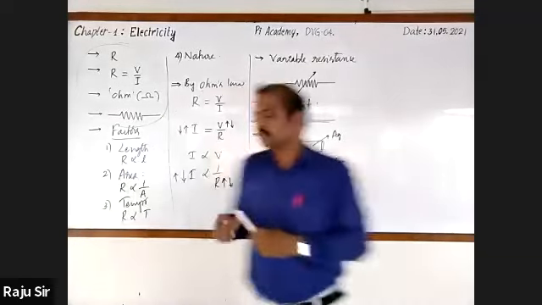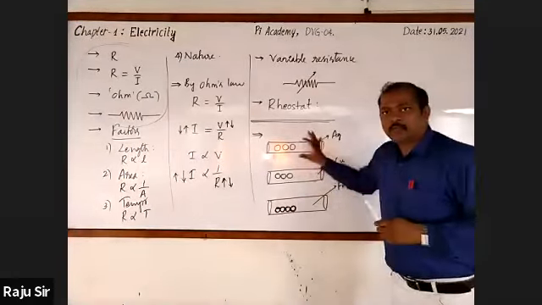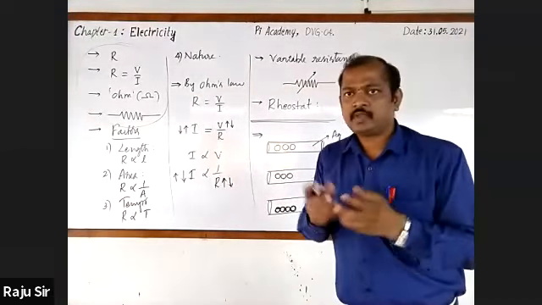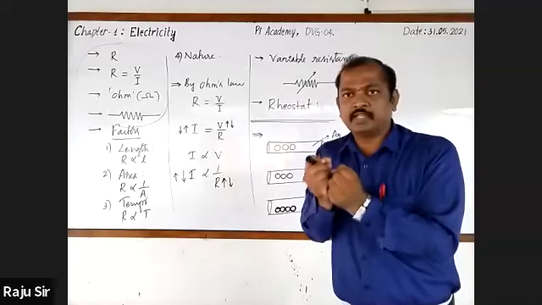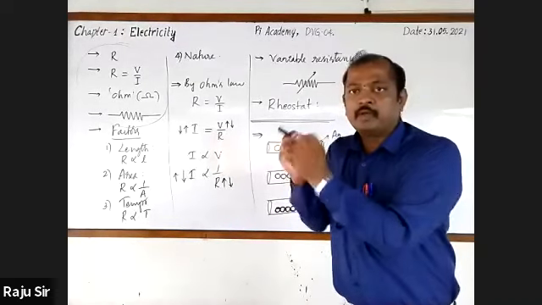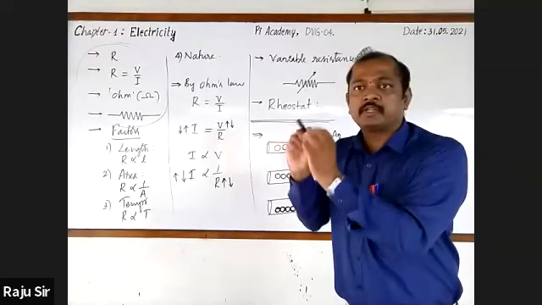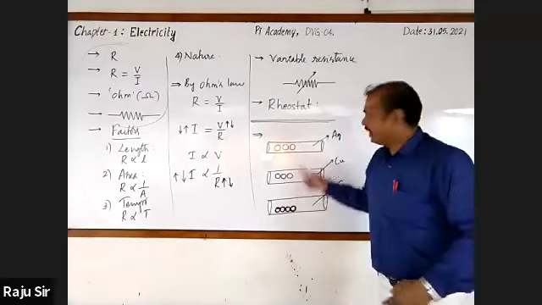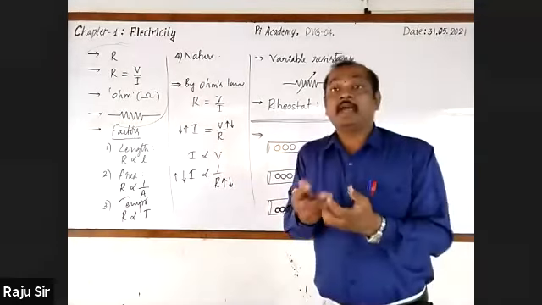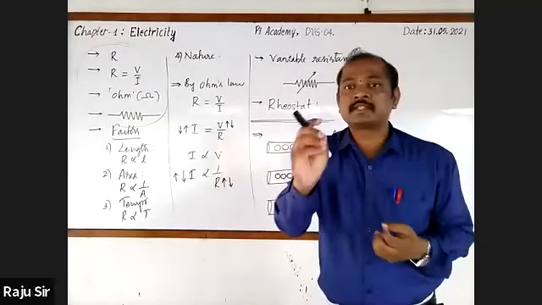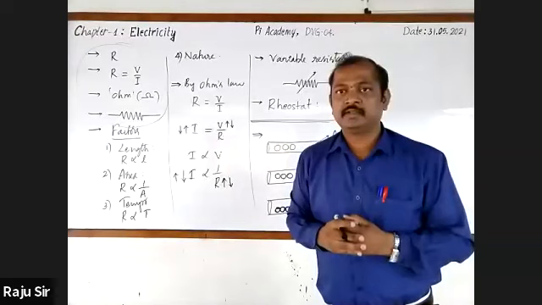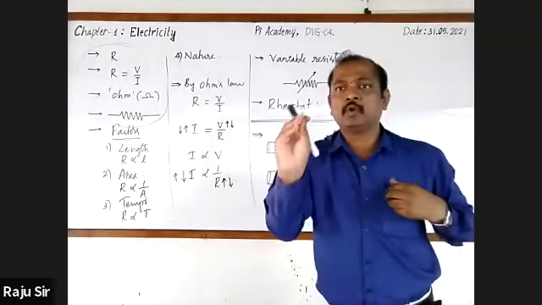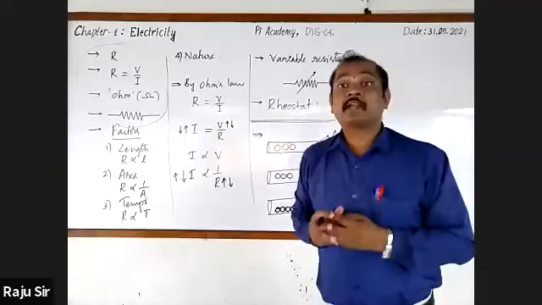So from this information, you can come to know that the resisting power, nothing but the power of opposition for the flow of electrons, is different from one to another. And every metal has its own resisting power. Resisting power means capacity to oppose the flow of electrons.